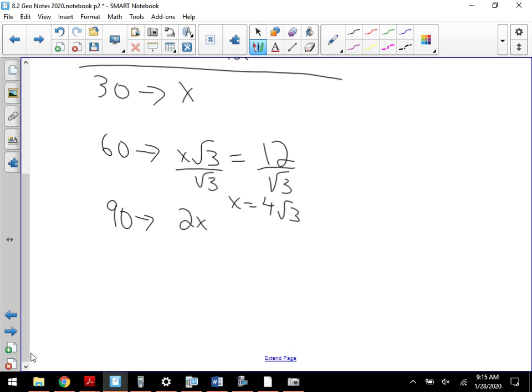If you know opposite the 30, multiply to find the others. If you know opposite the 60, divide to find x, then multiply for opposite the 90.